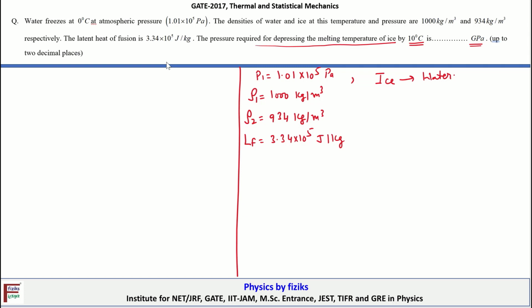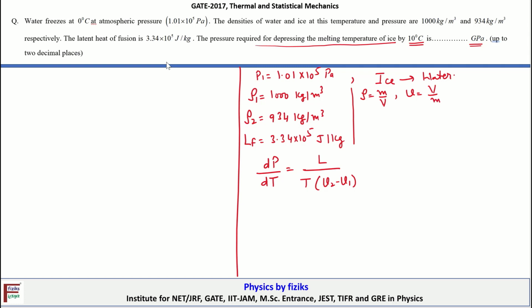We can solve this problem by making use of the Clausius-Clapeyron equation. According to it, dP by dT is equal to L by T into V2 minus V1. Remember that V1 and V2 are the specific volumes. For ice, density is mass upon volume, whereas the specific volume V is volume divided by mass.